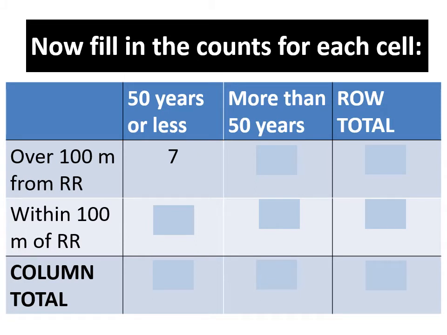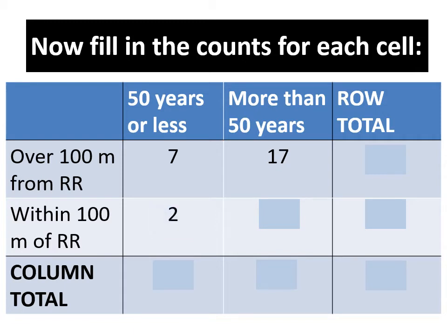So we see that there are 7 houses that are less than 50 years old but over 100 meters from the railroad. There are also 17 houses that are over 100 meters from the railroad and more than 50 years old.